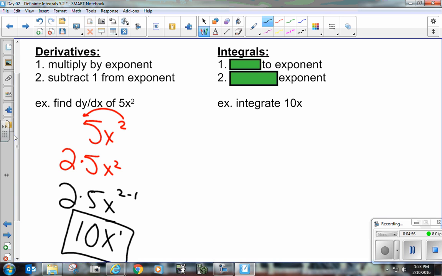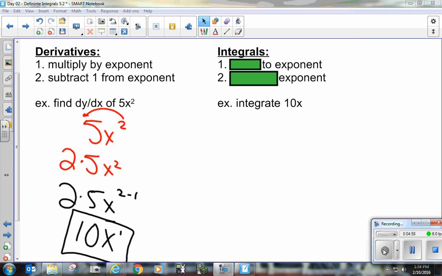So now there's an integral. We have to do the opposite process, and not only the opposite math, we do it in the reverse order. If I want to integrate 10x, wasn't that my answer? If I'm going to go backward from 10x, shouldn't I get 5x squared? What do you think I do? First I'm going to start by adding 1.